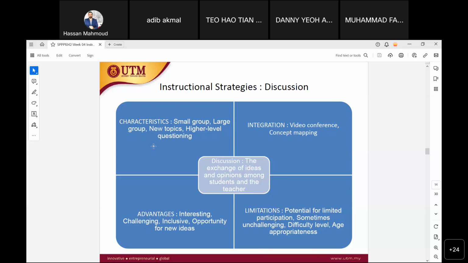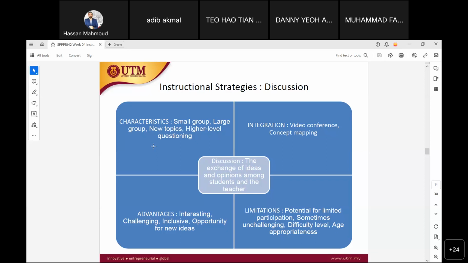And for the limitation, it is potential for limited participation, because let's say if you are giving discussion strategy inside your classroom and you only have 10 students, this is the best strategy that you can use because you have limited participants.